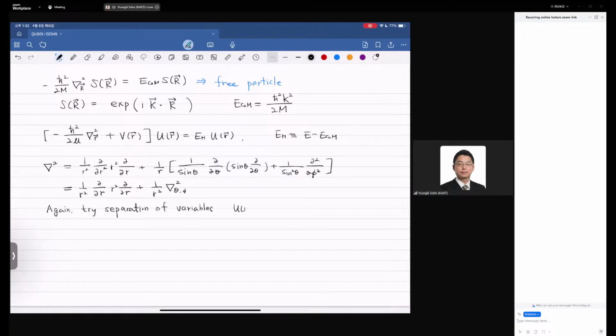This UR itself was a result of separation of variables, right? Capital R and small r, but we'll separate this again. So we'll intentionally put 1 over r here because it improves the math, okay?